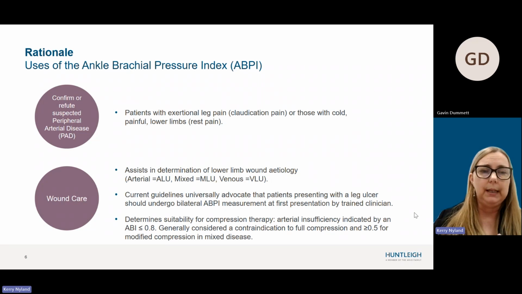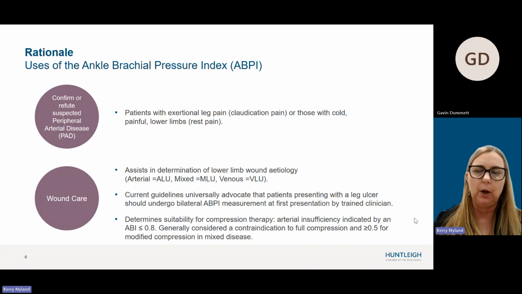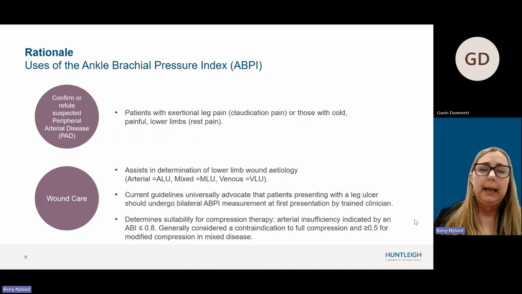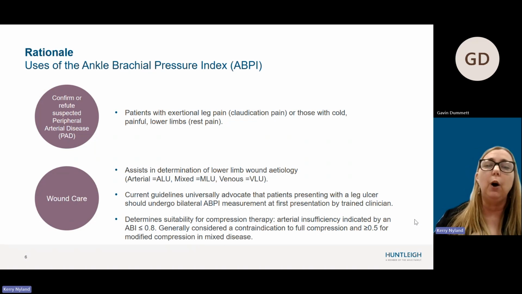Current guidelines, the National Wound Care Strategy and the Wales Leg Ulcer Standards, advocate that patients presenting with a leg ulcer should undergo ABPI. In the absence of any red flags, patients can go into mild compression of 20 millimeters of mercury at the ankle as a holding therapy until they've had full vascular assessment. But we know that this is suboptimal for venous leg ulcers, that they need to be in strong compression.